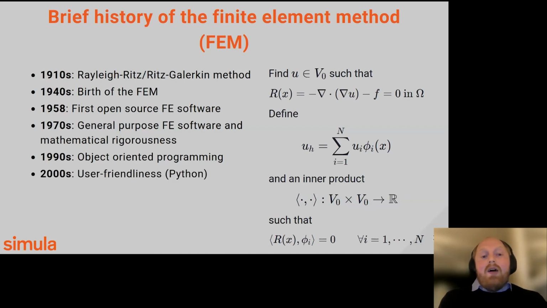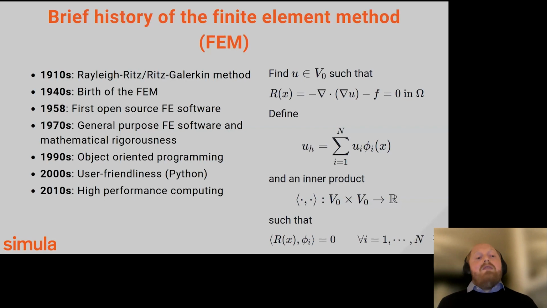Then in the 2000s, people started looking at Python and thinking, I want something user-friendly. I want to have users that can easily interact with my tools, because Python is a very beautiful and simple language. But in 2010-ish, probably even before that, but most people didn't really think about high-performance computing as in like looking at billions of elements in your domains before 2010.